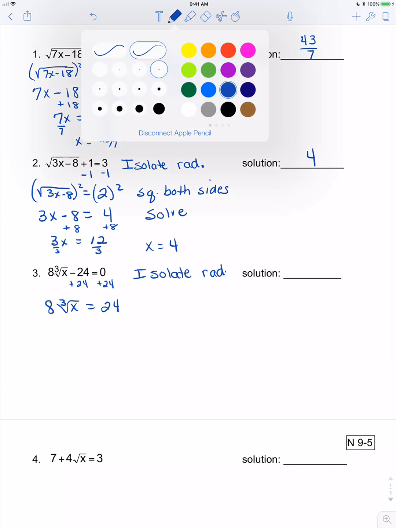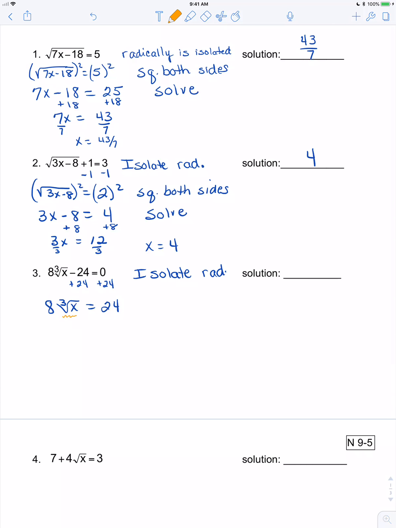Well, notice this radical is still not isolated. It still has that 8 out there. So we are still working on isolating the radical, and get rid of that 8 by dividing both sides by 8. That leaves us with the cube root of x is equal to 24 divided by 8 is 3.